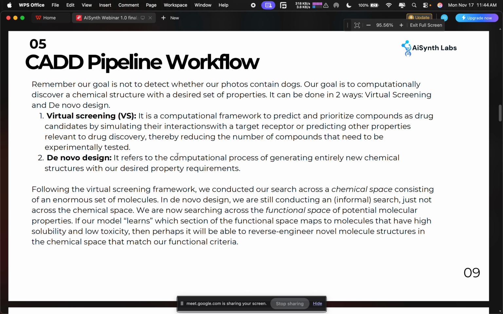So now let's say we have a model that learns that these are the functional groups that help in creating a drug that will do this particular activity, let's say help with pain. These are the functional groups you find in a drug that would help with pain. So in de novo design, it utilizes a model that will generate so many molecules.